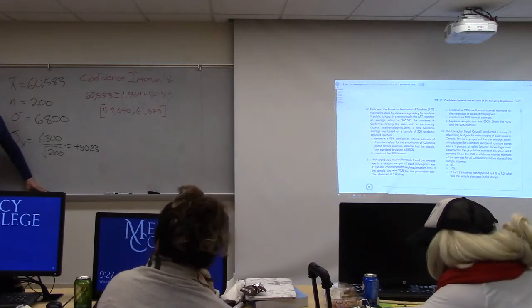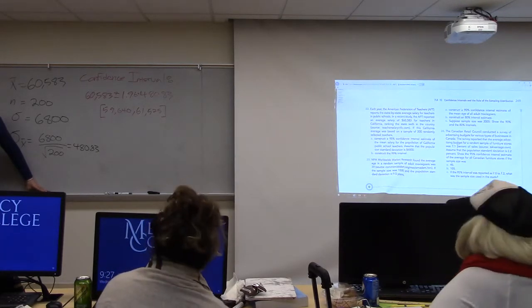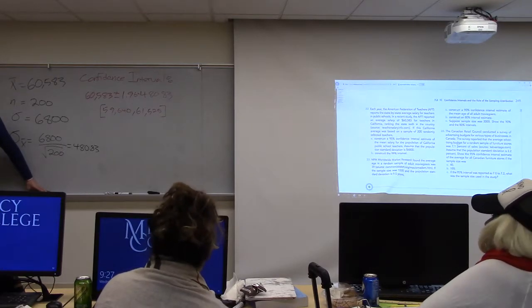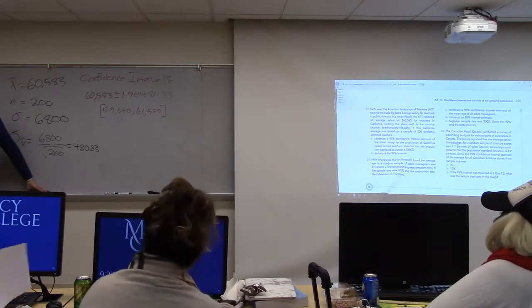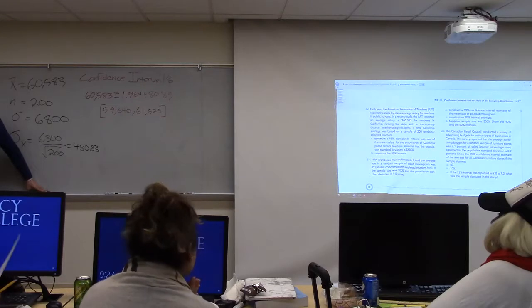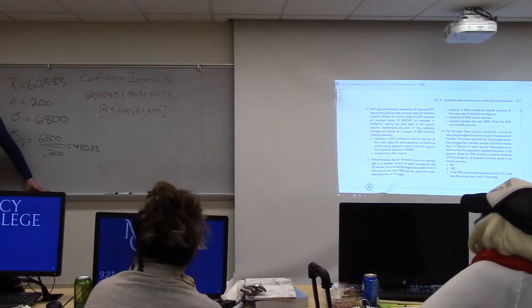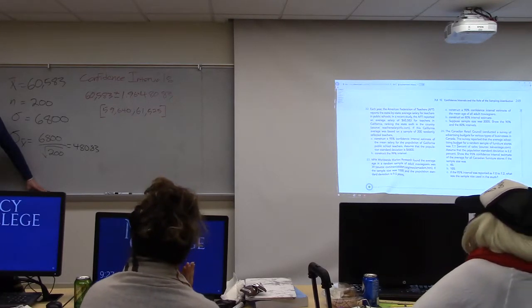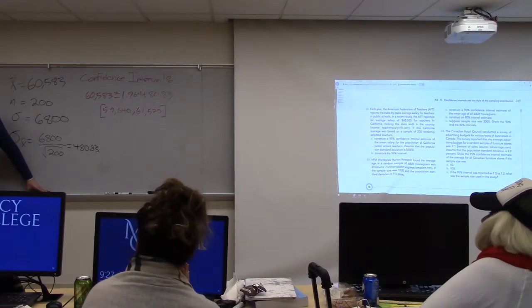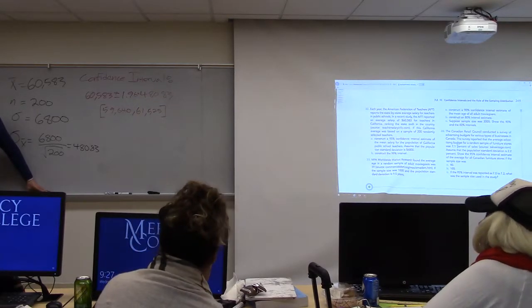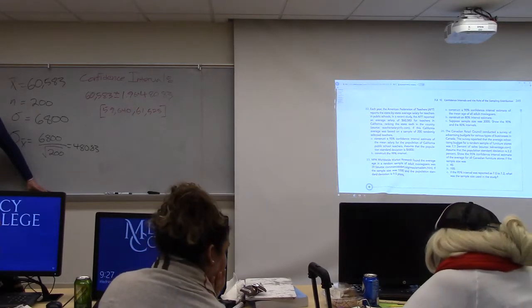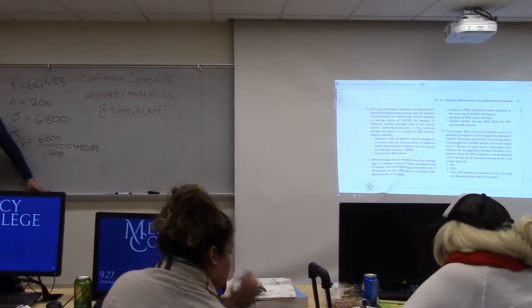We're 95% confident that the teacher's salary in California is between 59,640 and 61,525. And I have one issue, you said the teacher salary, we're confident that the what? The average salary?